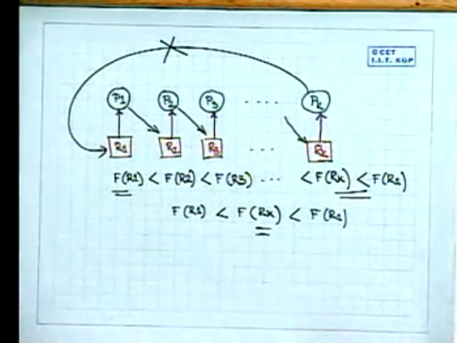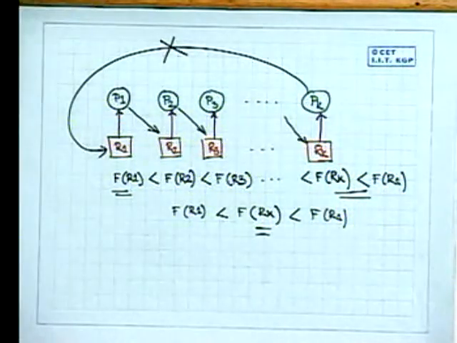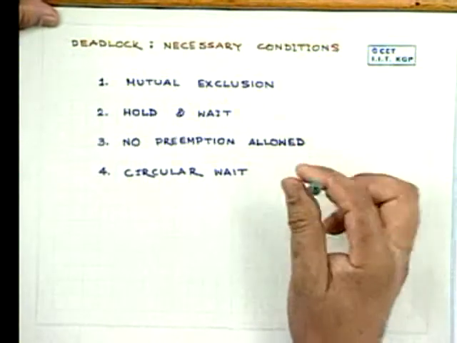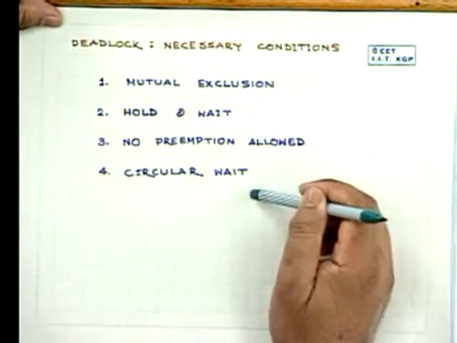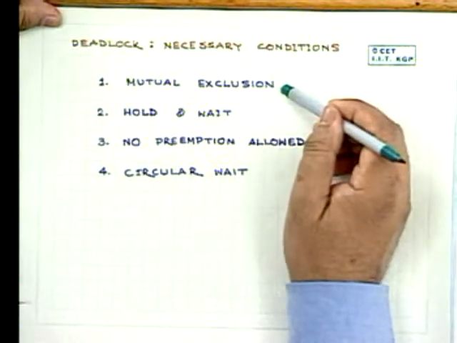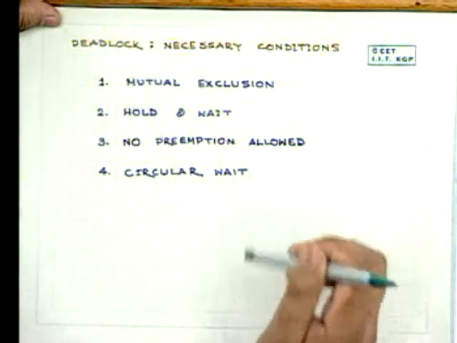This is the fourth deadlock prevention technique that we have described. Therefore, we have described preventive techniques that depend upon denying one of the necessary conditions that have been listed here: mutual exclusion, hold and wait, no preemption, and circular wait.